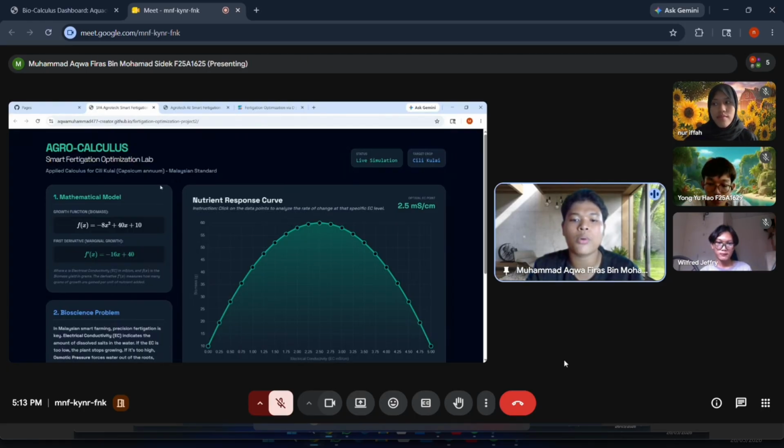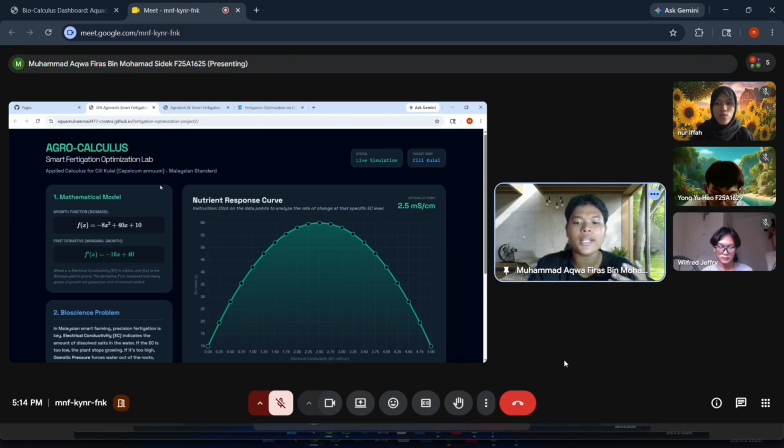The bioscience problem we face is finding the Goldilocks zone for nutrient concentration. Plants do not react to fertilizer in a straight line. They follow a quadratic curve of growth. If we provide too little EC, the plant is stunted.